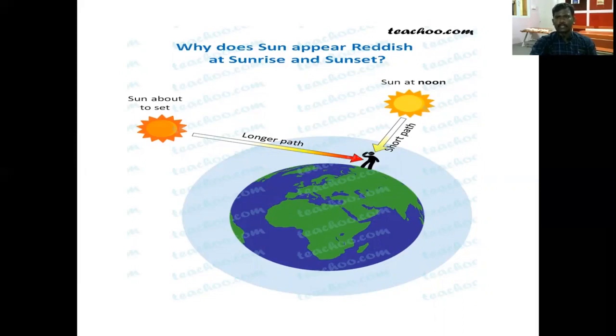But at sunset and sunrise time, the light ray has to travel a longer distance. So the most scattered blue color is completely scattered, and only the least scattered red color reaches our vision. That is the exact answer for why it appears blue and why it appears reddish.